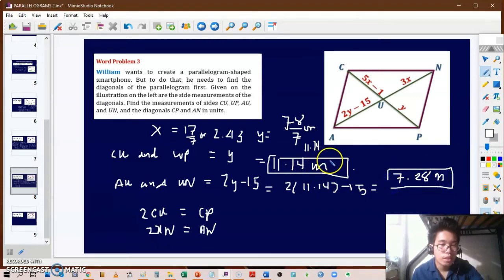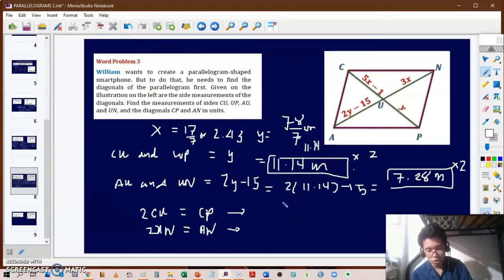And if we multiply both of these numbers by 2, we get the measurement of the diagonals CP and AN for William's smartphone. That's going to be one giant smartphone, a very big smartphone, because it's measured in meters. So 11.14 times 2 gives you 22.28 meters. Maybe William is trying to make the biggest smartphone in the world.